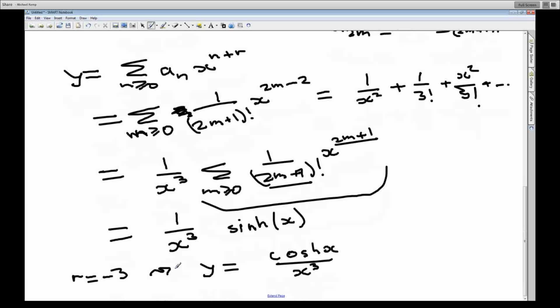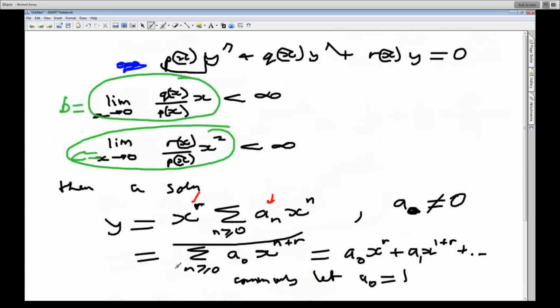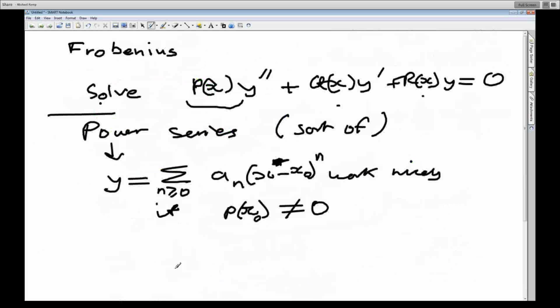So just a recap of Frobenius method, which I spent most of the time on. The Frobenius method is a useful way of finding series solutions when you've got an ordinary differential equation with variable coefficients, so long as, when you're looking at the power series about a singularity, the singularity you're working with is nice enough.